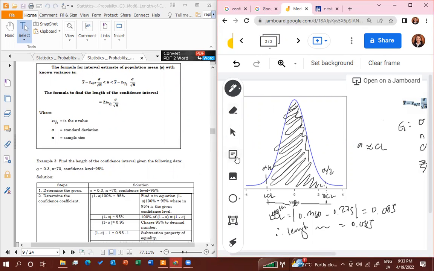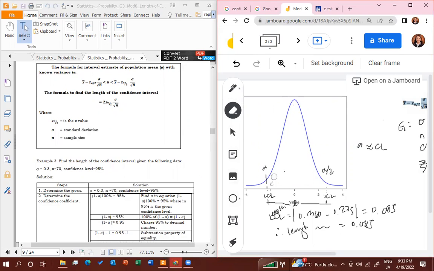Those are the assumptions for a normal distribution. But sometimes there are other assumptions that are one-sided. So for example, at a confidence level of 95%, the remaining portion, these areas, would equal 5%.